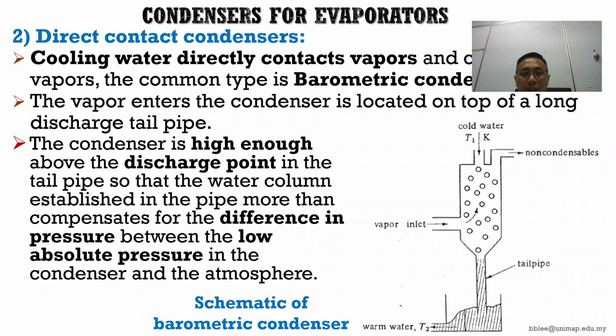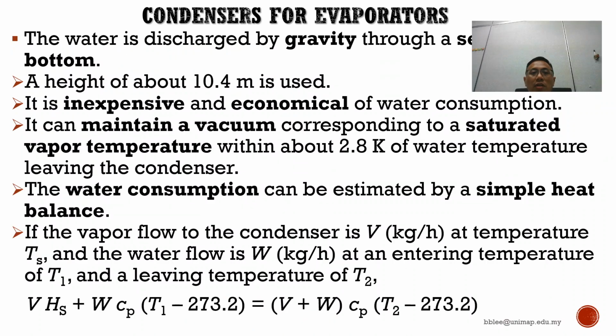The condenser is high enough above the discard point and in the tailpipe, so that the water column established in the pipe balances the difference in pressure between the low absolute pressure in the condenser and the atmosphere. Now the water is discarded by gravity through the seal port at the bottom.